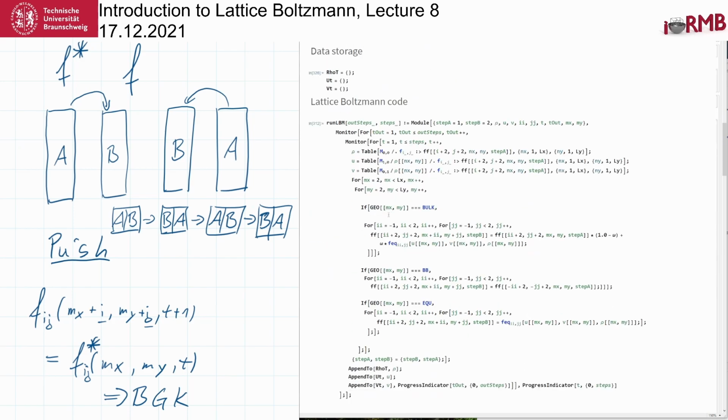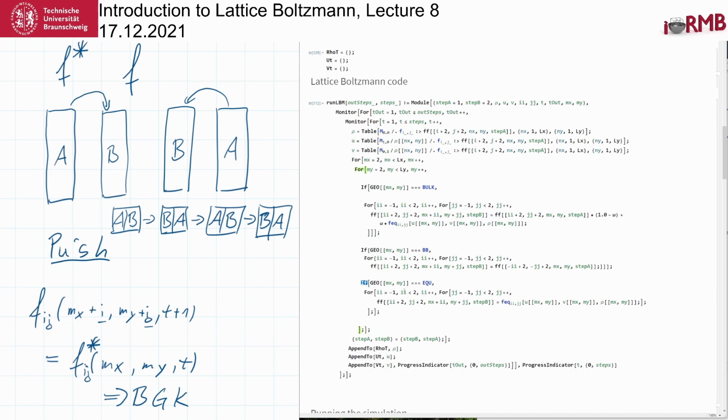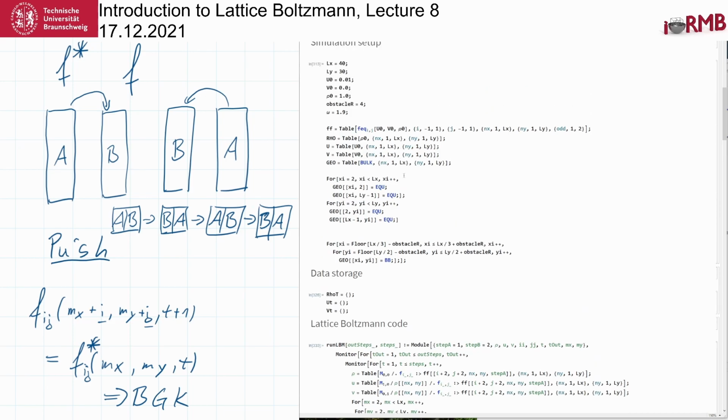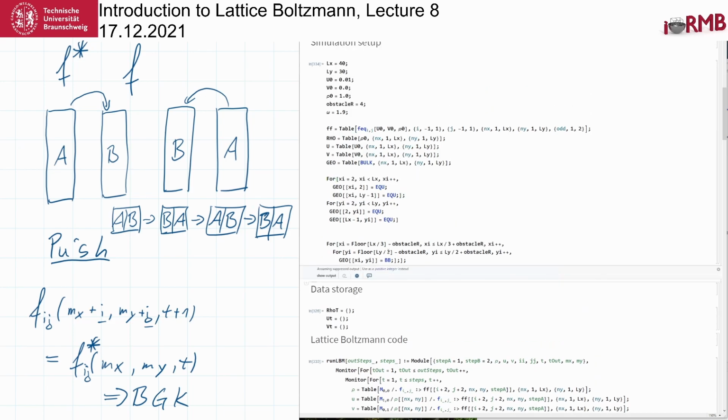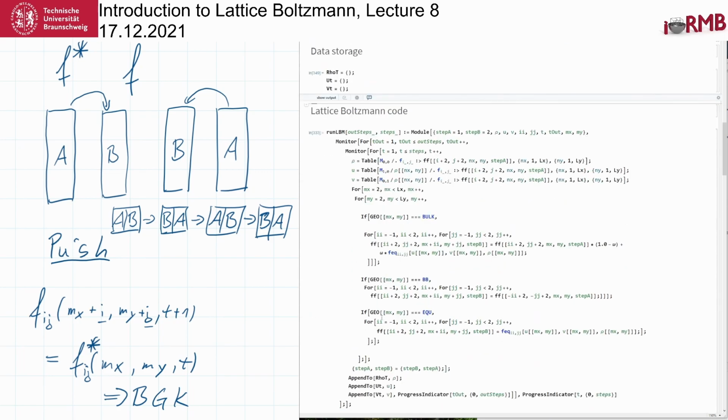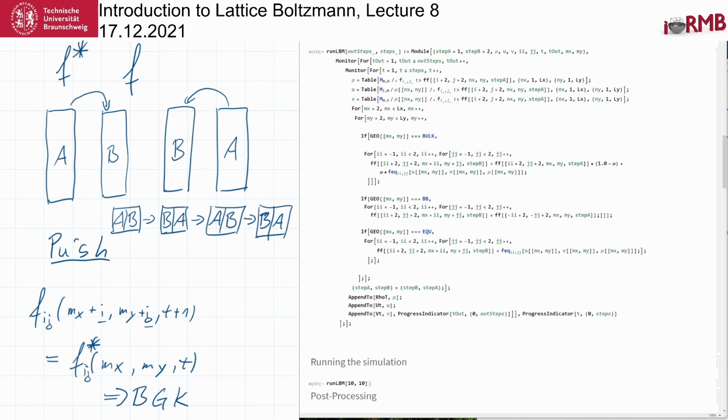The actual problem is that f has to be written with a lowercase f every time here, and I mistyped this, and because I mistyped this, the Mathematica code didn't run. So I have now corrected this one, and we set again new initial conditions. We empty our data storage, and then we run our code.